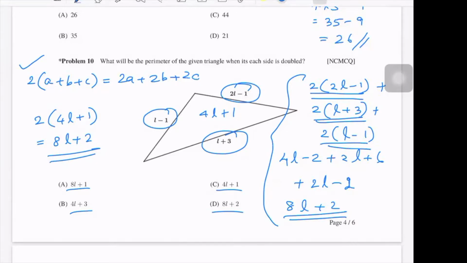Any idea? Tell me yes or no. You don't have to actually do this question. Just by looking at the options, you can tell what the right answer is. Anybody? Just think.